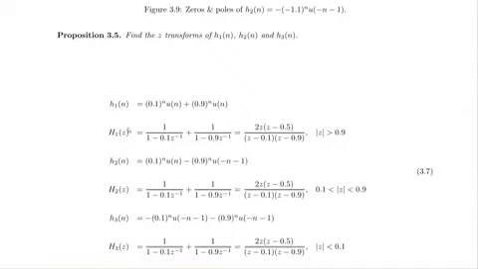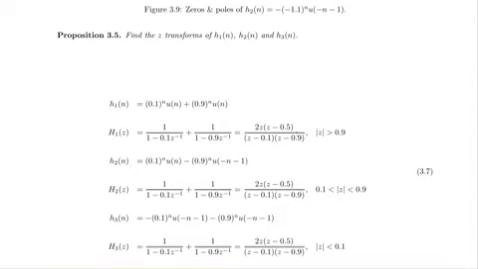So H1 of z will be, similarly to what we mentioned earlier, 1 over 1 minus 0.1 z to the power of minus 1 plus 1 over 1 minus 0.9 times z to the power of minus 1. Or similarly, 2 times z multiplied by z minus 0.5 over z minus 0.1 times z minus 0.9.